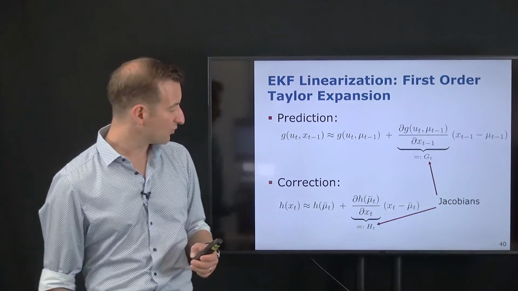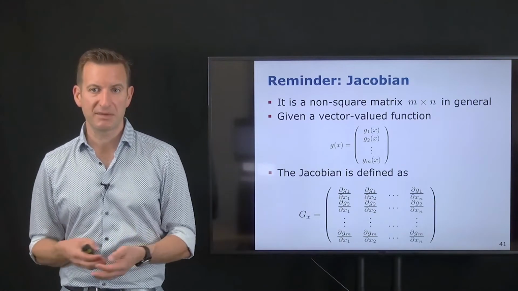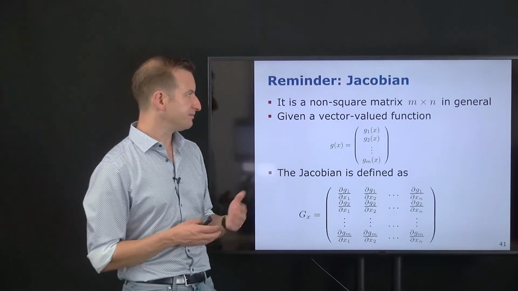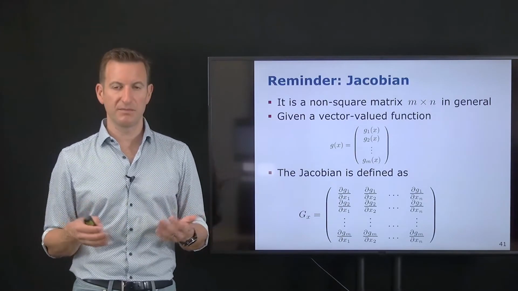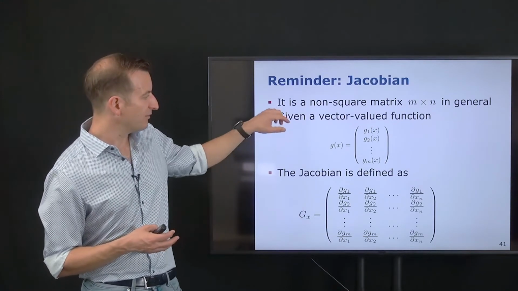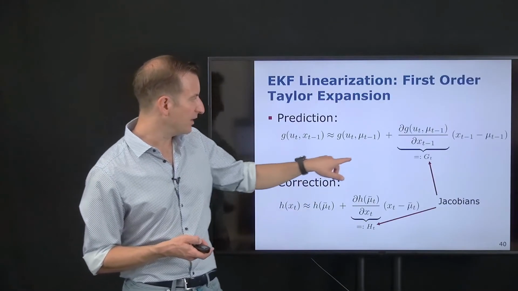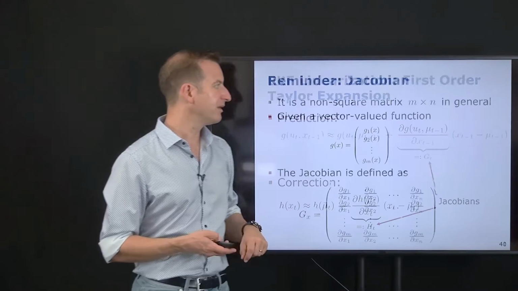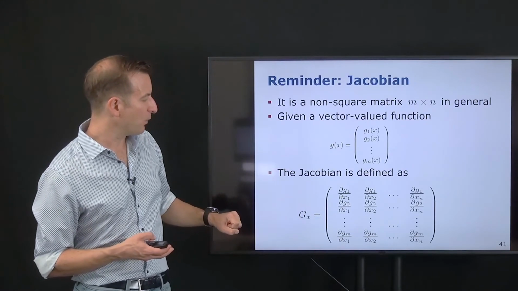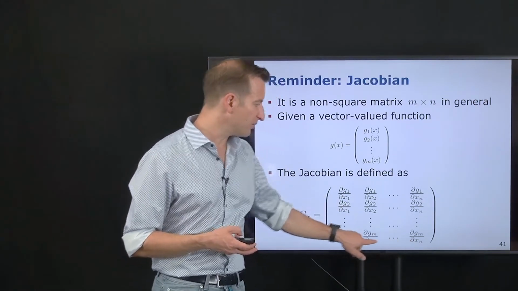And just as a short reminder, what does this first derivative look like in the multidimensional case? It's not a single value, it's a matrix, a Jacobian, which is a non-square matrix. If you have an m-dimensional function, in this case this would be our state x for example, the dimensionality of that state, m-dimensional, and then we have n different variables with respect to which I derive it.